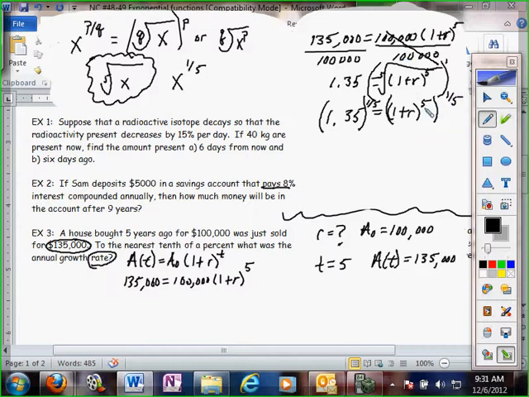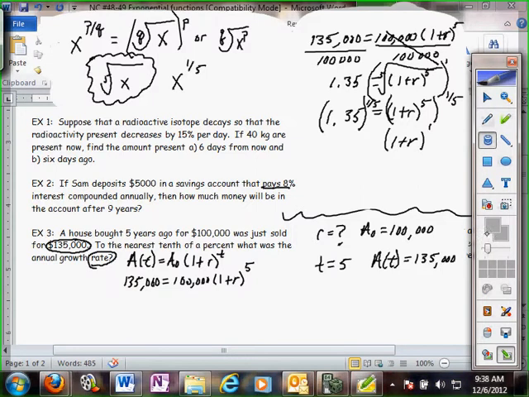Now, if I look at this using my exponential laws, if I have a power outside the parenthesis, this power has to be multiplied to the power inside. And what's 5 times 1/5? It's 1. So this gives me 1 plus r to the power of 1, or just 1 plus r.